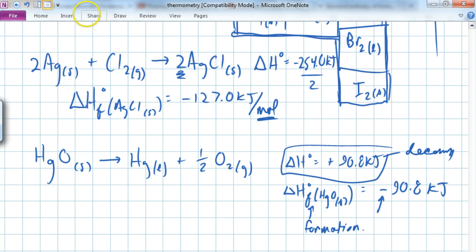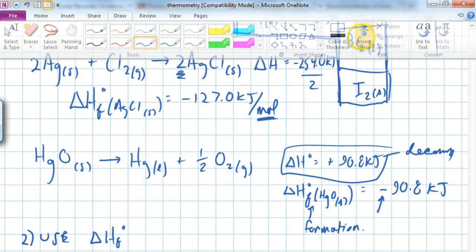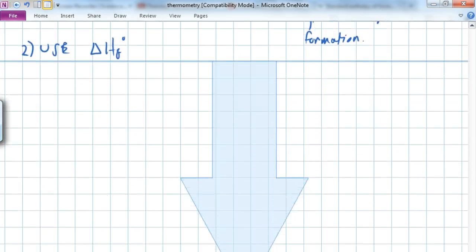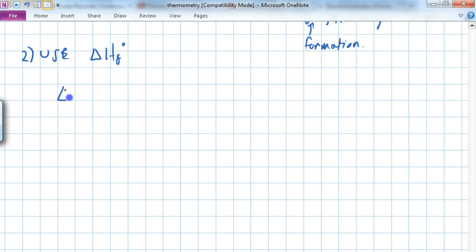Now, what is it used for? Use of delta H of formation. Generally, we're going to use it with this equation.